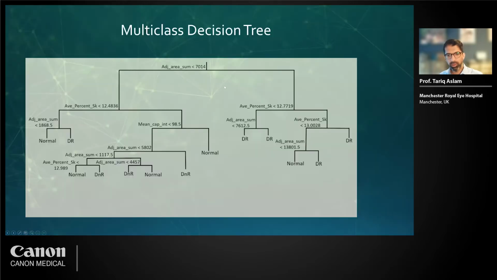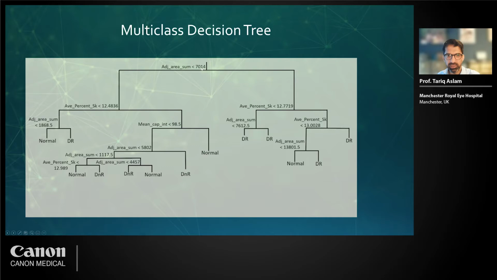One example of a machine learning method that I thought was quite nice is this decision tree. And the reason this is nice is because as opposed to the black box that you sometimes refer to in AI, where you just get an output, this decision tree allows you to understand how the computer has come to its conclusions about differentiating different patients.